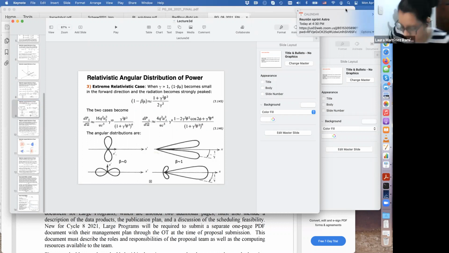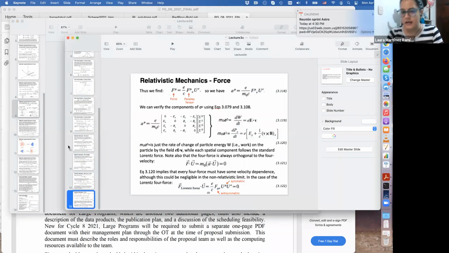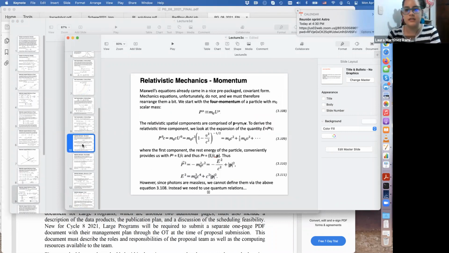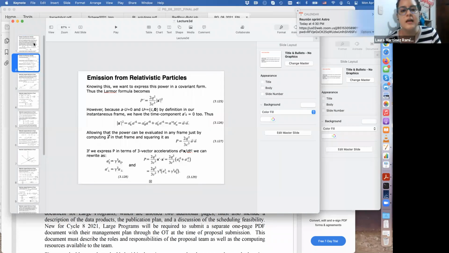I have a question regarding the emission spectrum from the retarded potentials. I was wondering if in the highly relativistic regime we only take into account the y component.